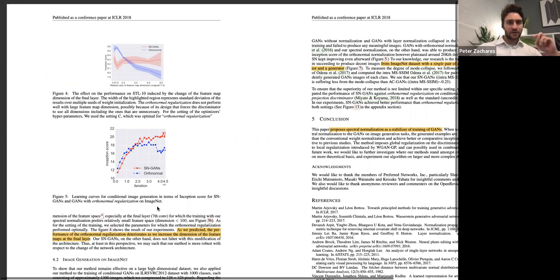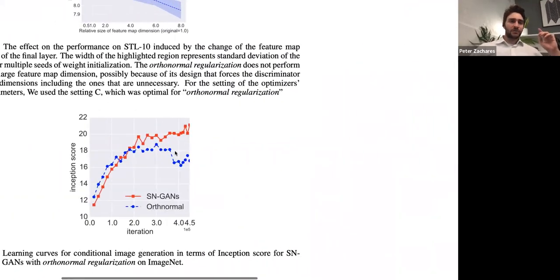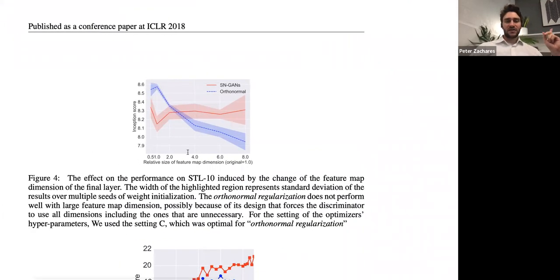So I guess that because all of the singular values in the orthonormal case are 1, as you increase the number of dimensions in the final layer, the orthonormal case fails, just probably because you can't really distinguish which features are important based on the magnitude of each feature, something along those lines.